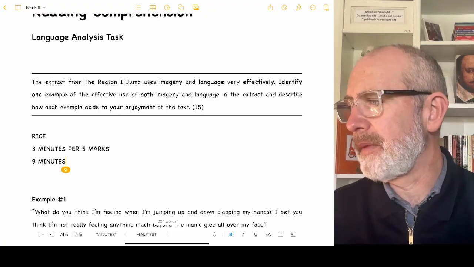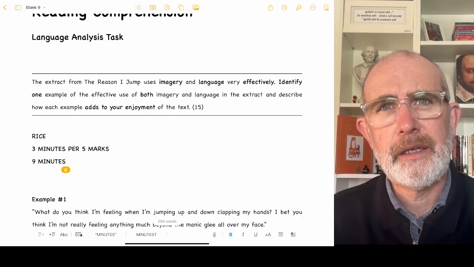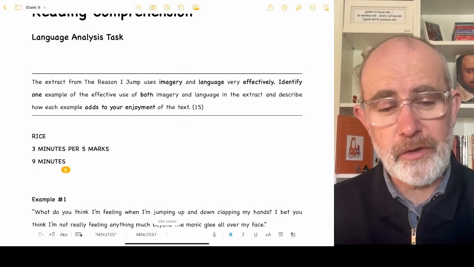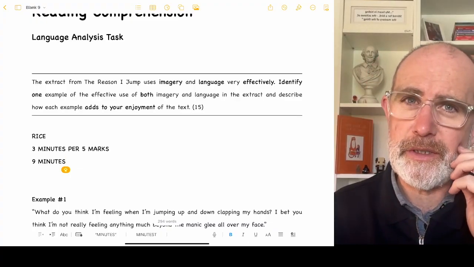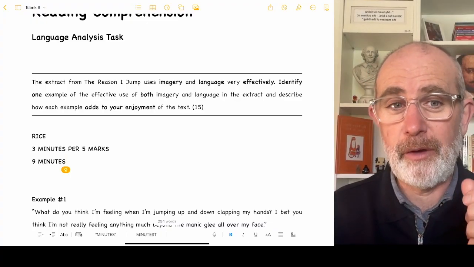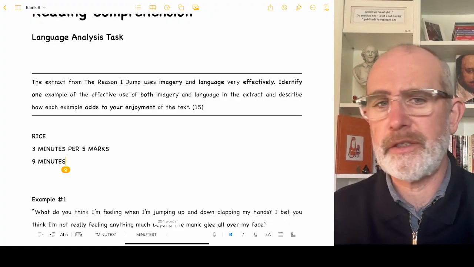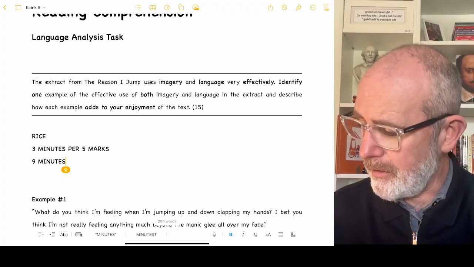Now, I don't think 9 minutes is that long a time to read the passage and write the two paragraphs unless you're really well prepared. So this was a really good example of the type of question that was set in order to separate out the candidate who's going to have a chance of getting those higher merit or distinction grades from everybody else. So yeah, challenging, no doubt about it.